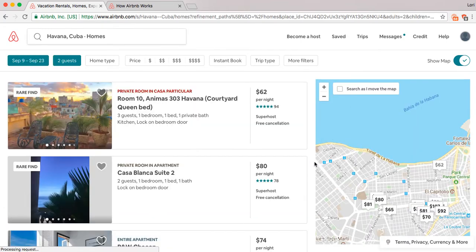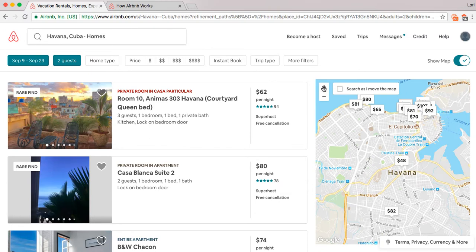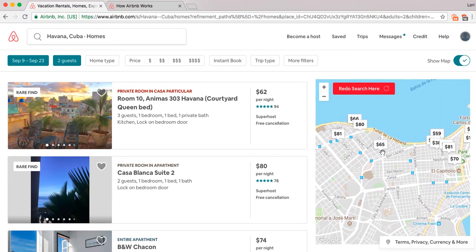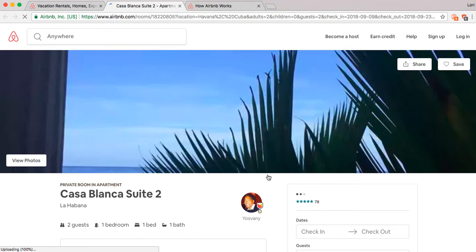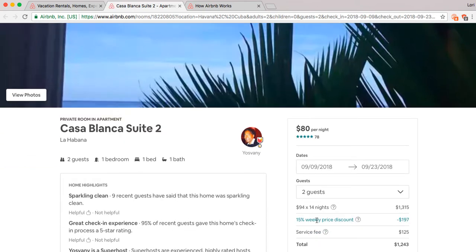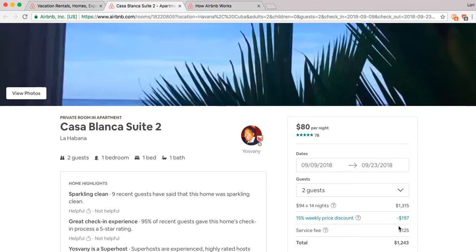So what I do in order to get cheaper prices as well is that many of the hosts that are listed on Airbnb, you can actually message them, and if you're staying for a good amount of days, you can probably ask them for a discount. Look at this one. Many times there's a weekly discount already included on the Airbnb website. So this one says 50% weekly discount price. Because I put dates for 2 weeks, it's giving me a huge discount of $200.